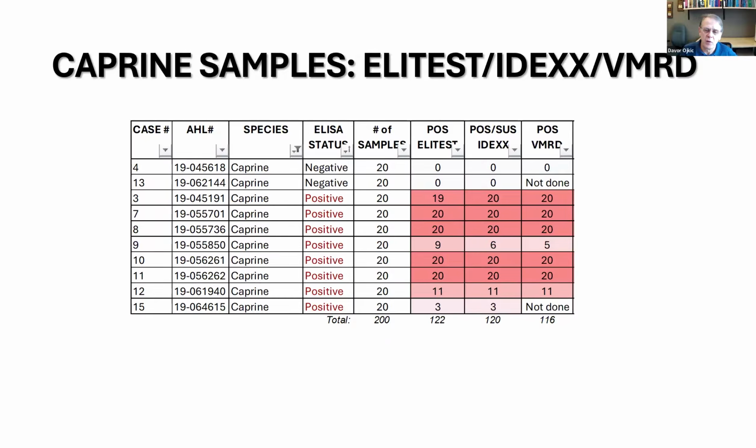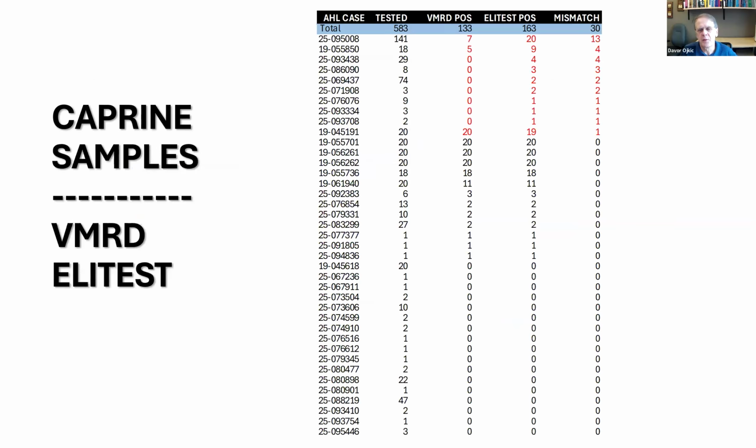So I did decide to look at more samples, more sample testing between VMRD and ELITest, because the study that I'm referring to now was done 5 years ago, and I thought, well, maybe there are different viruses, different samples, different genetics, whatever it is. So then we tested all those samples in parallel. Now, the 583 samples were from 40 different AHL submissions.